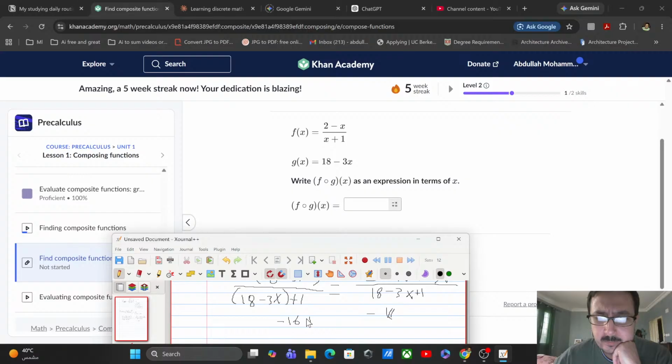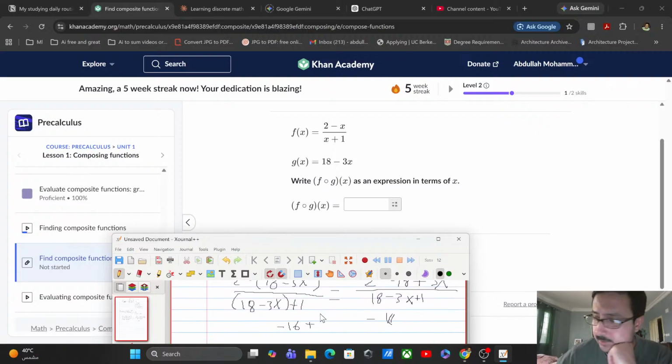Minus 16 plus 3x, am I correct? Plus 3x over 18 plus 1, so we could write it either way we want, but it could be minus 3x plus 19 or 19 minus 3x.